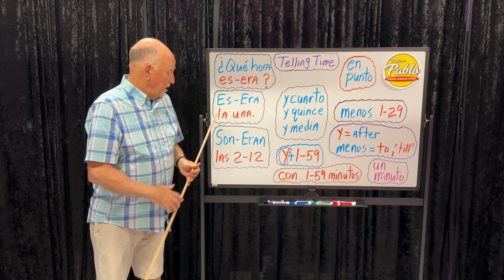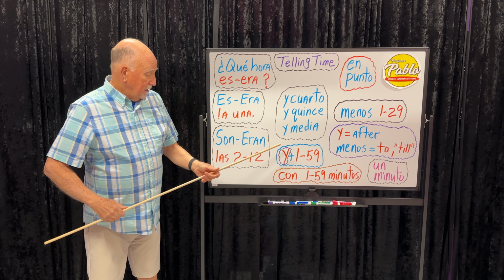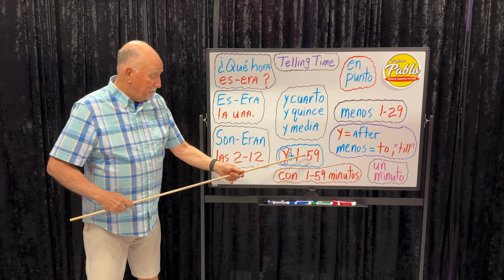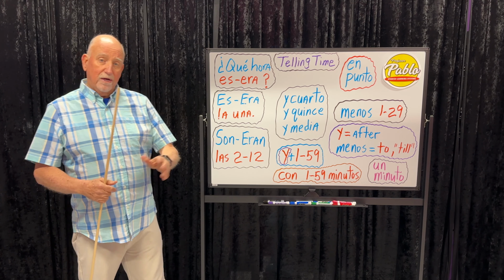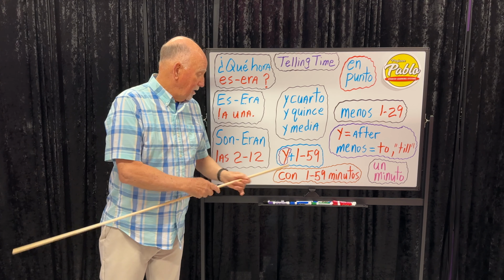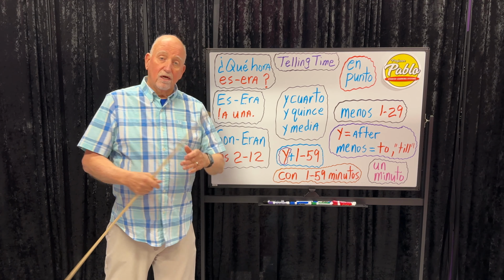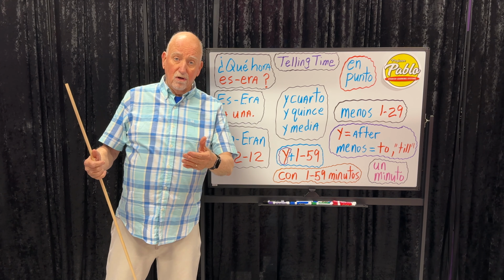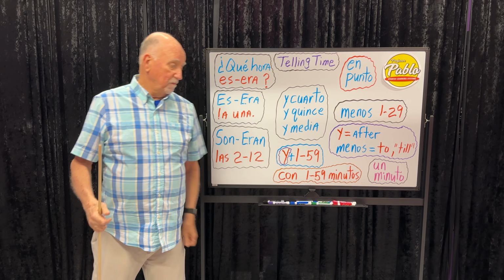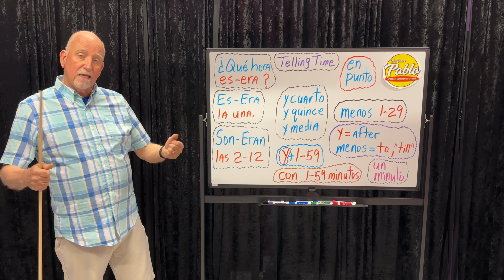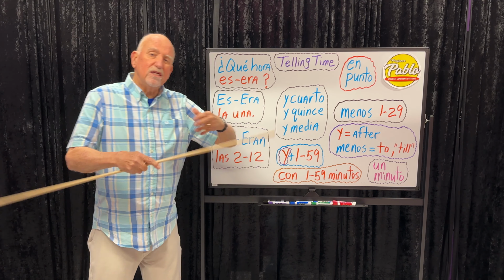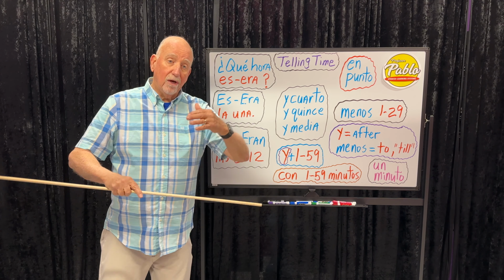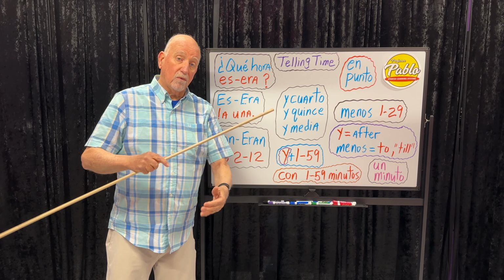They could say, son las 7 25. Or on the radio, son las 7 with 25 minutes, con 25 minutos. It sounds kind of nice, right? Son las 5 con 25 minutos. It sounds good. It's a step up. So there's a lot of different ways you can manipulate how to say time, but you want to make sure that you know how to say them all and you can say them all correctly.